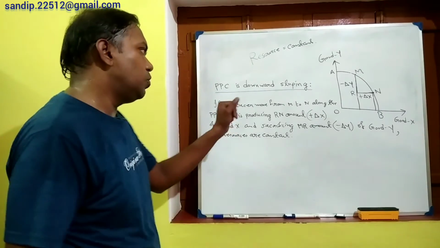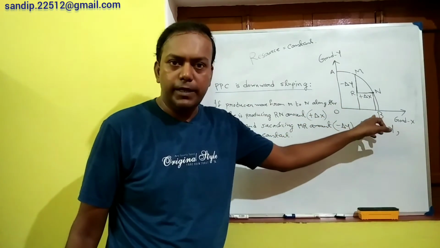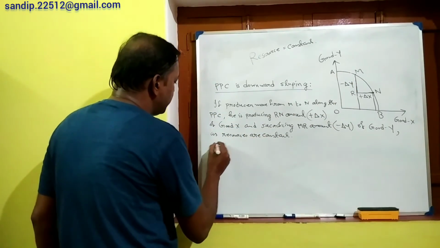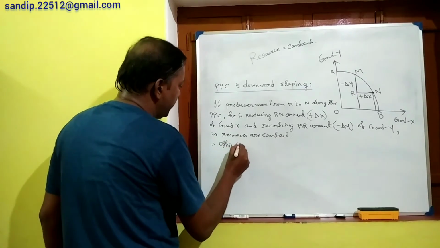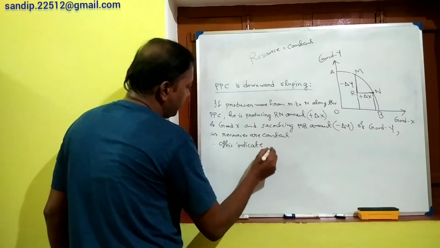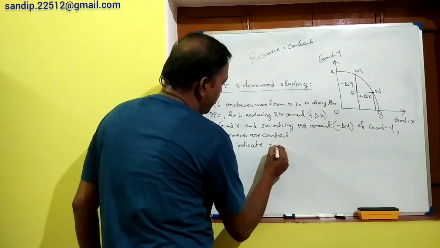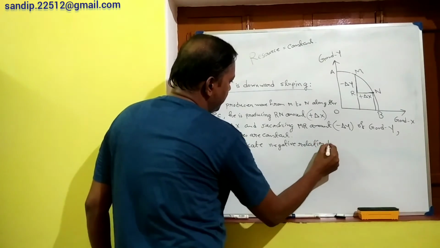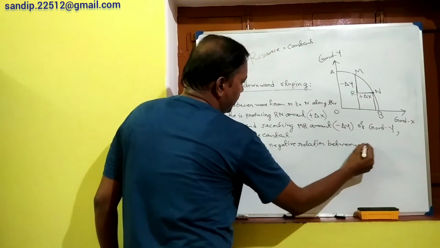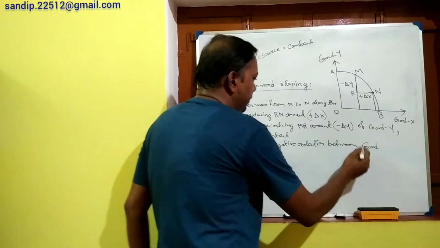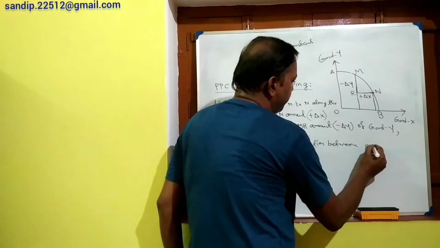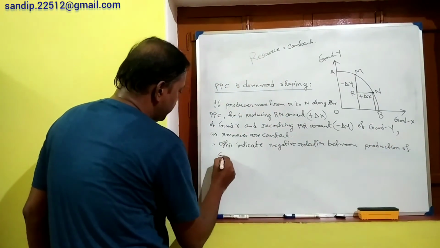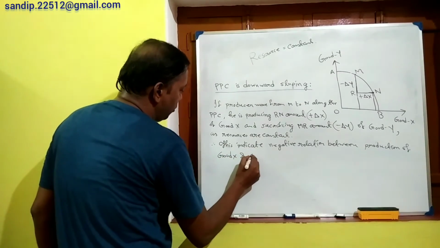Okay, so we get that production of one good is increasing and production of another good is decreasing. So obviously this indicates a negative relation between production of good x and good y.